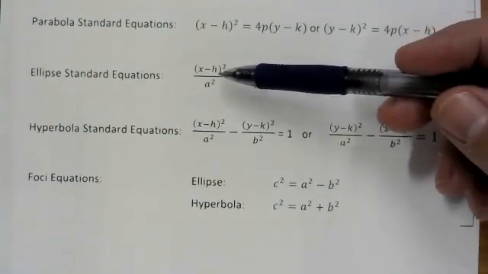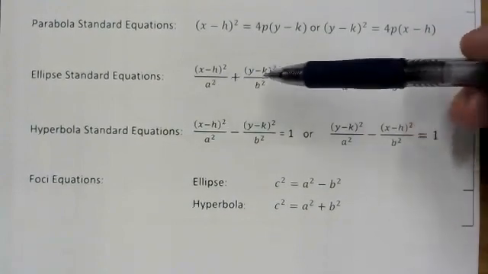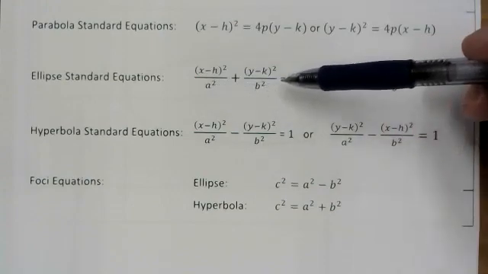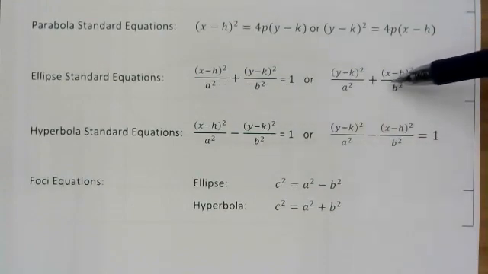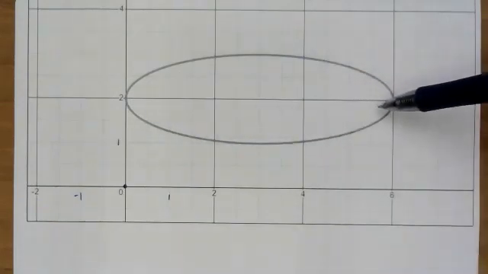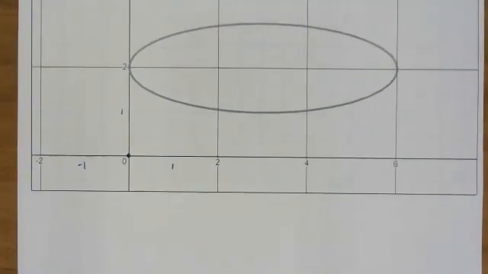Since a is always larger than b, this is the equation we would use for a left to right ellipse, and this is the equation for an up or down ellipse. It's pretty obvious here that this is going to be a left or right ellipse, so I should go ahead and write down the equation for a left or right ellipse. Let me write it down here below.